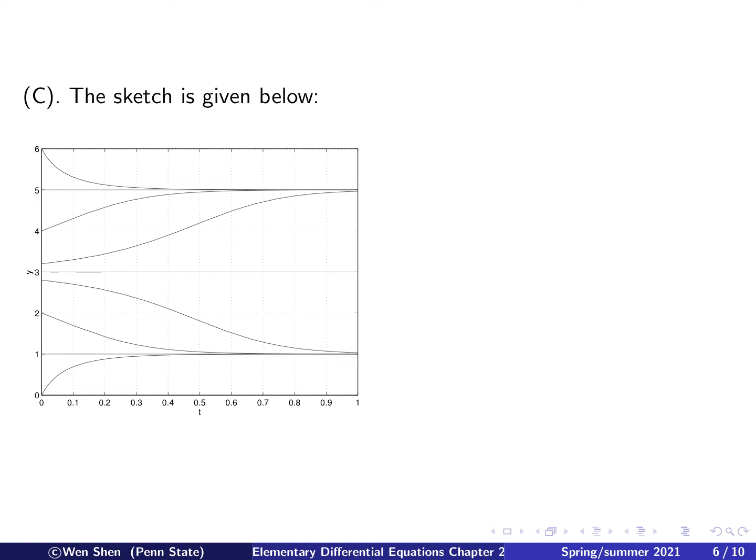And then for y less than 1, the solution increases, approaches 1. Between 1 and 3, the solution decreases, approaches y equals 1. Between 3 and 5, the solution increases, approaching y equals 5. And for y bigger than 5, the solution decreases and approaches y equals 5.